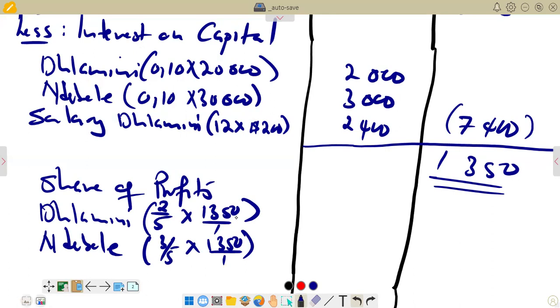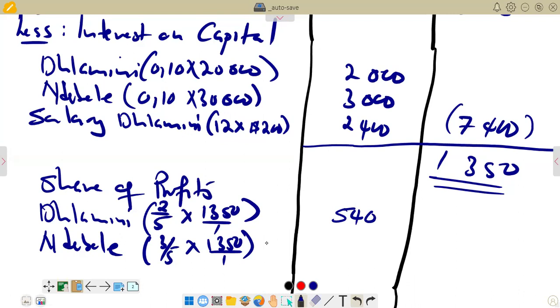So if we calculate there for the first one, we are saying 2 over 5, and then we multiply by 1,300. We're going to get your 520. Then we go to the next one, and we're going to say 3 divided by 5.